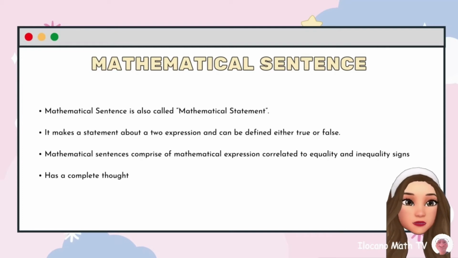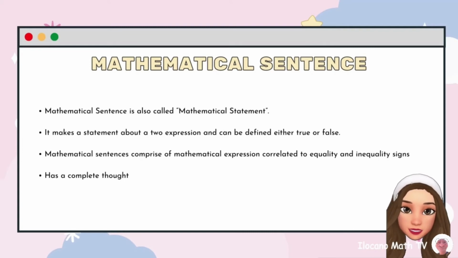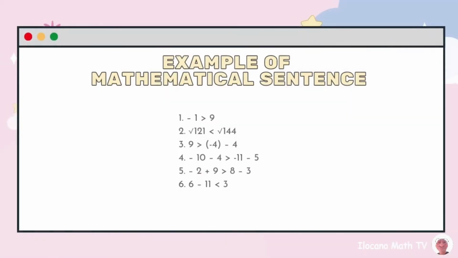And also, a mathematical sentence comprises mathematical expressions related by equality and inequality signs. And lastly, it has a complete thought. So, that is the meaning of a mathematical sentence. Stay tuned for more information and examples of mathematical sentences.